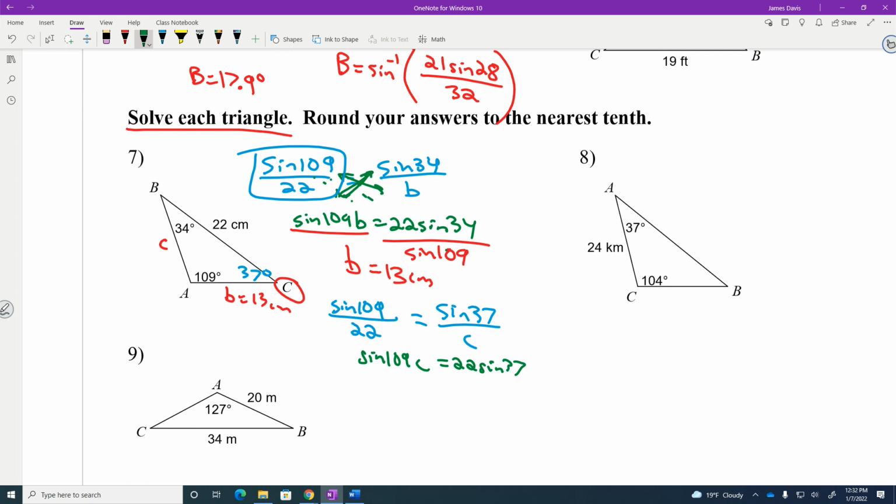And divide to get your little c. All right, everybody get that one? 18.